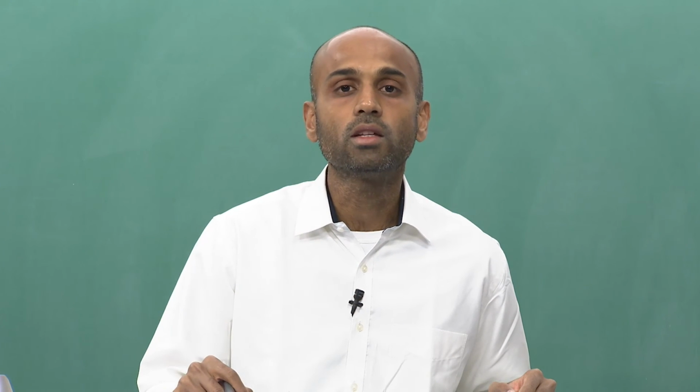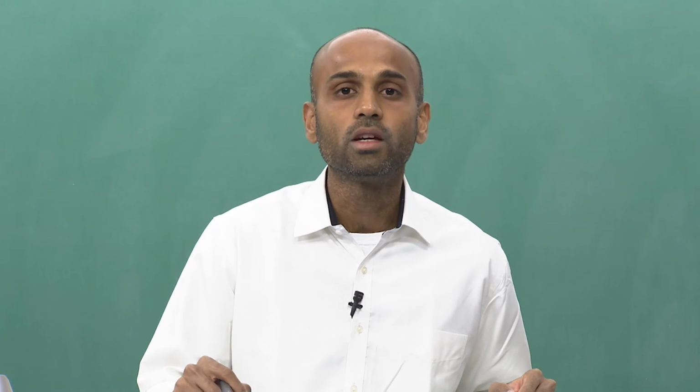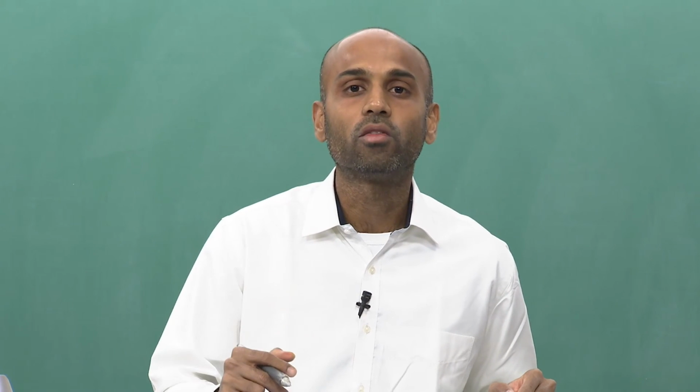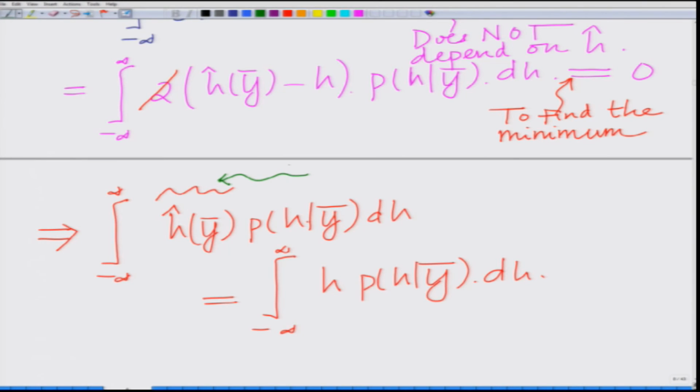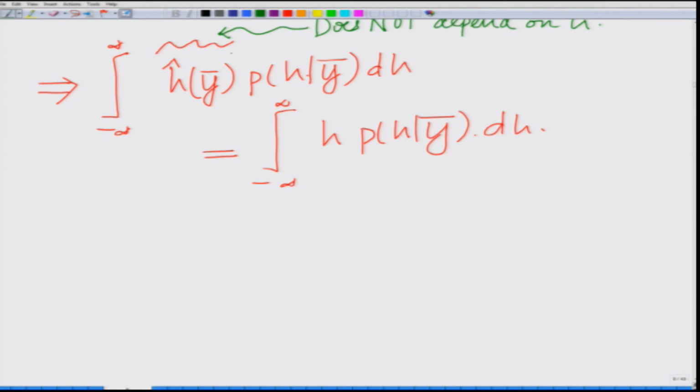Therefore, since h hat of y bar does not depend on h, it can come outside of the integral. That is the important point. So, this does not depend on h, which means I can take this and move it out of the integral.